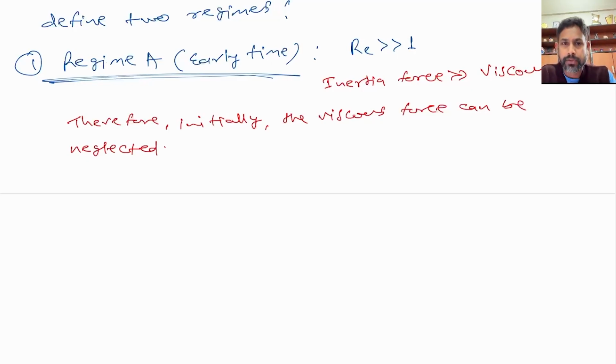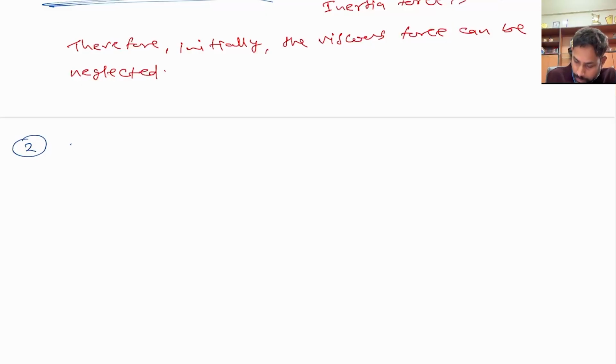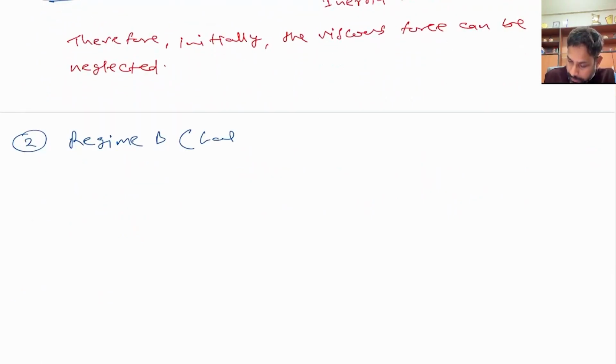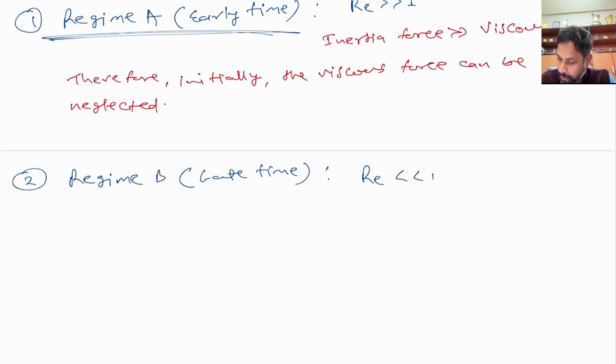Because height decreases, as we have discussed, that actually decreases the buoyancy force, and if buoyancy force is decreasing, which is basically the driving force for the gravity current, your velocity decreases, right? And that is why there is regime 2, let's call it regime B, which is late time behavior, where the Reynolds number becomes much smaller than 1.